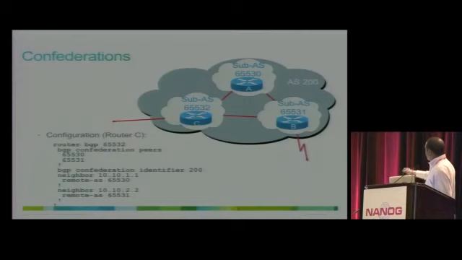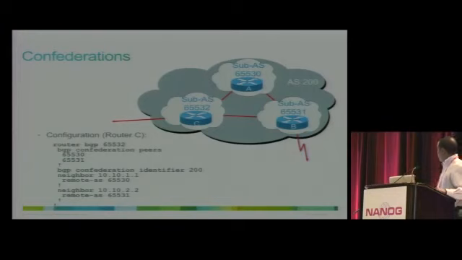Here's an example. In this case, AS200 is split into 3 sub-confederations or sub-ASs, 65530, 65532, and 65531. Typically, the private ASN is used as the sub-confederation AS number.